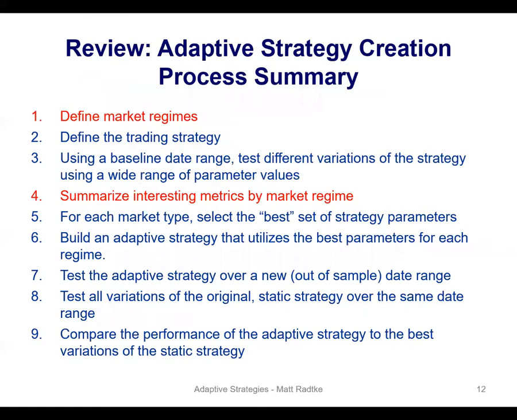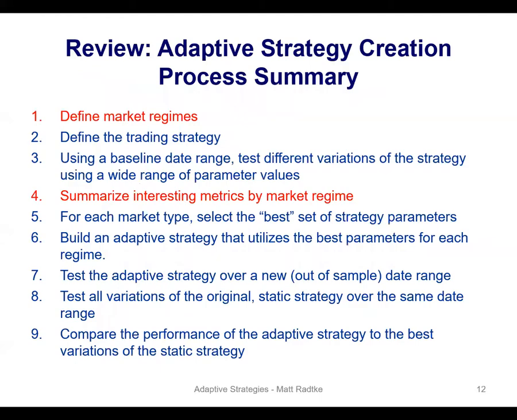This slide is basically pulled from the Adaptive Strategies overview presentation that I gave to the AMI Broker Canada group. If you haven't seen that, that presentation is available, I think, on the AMI Broker Canada site, and definitely on my website, quantforhire.com, as well, if you need to review. But there were basically 9 steps that we talked about as part of that process of creating an adaptive strategy.